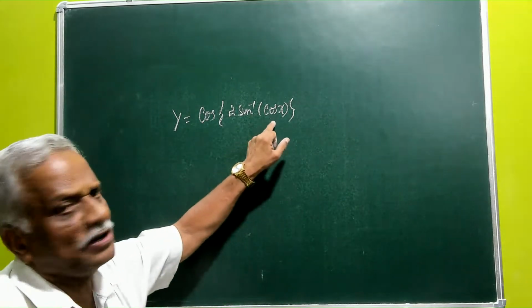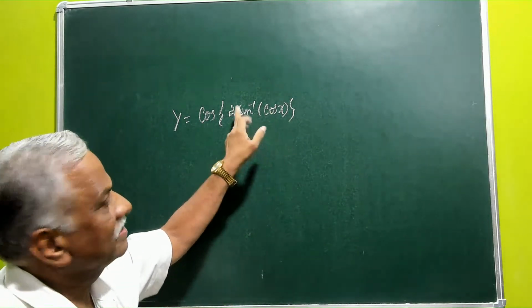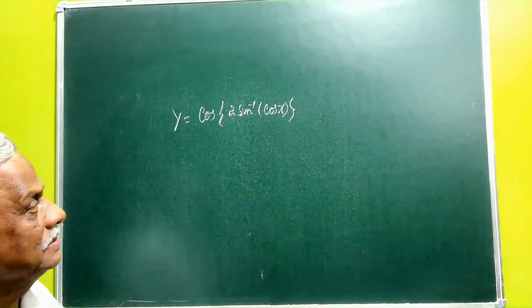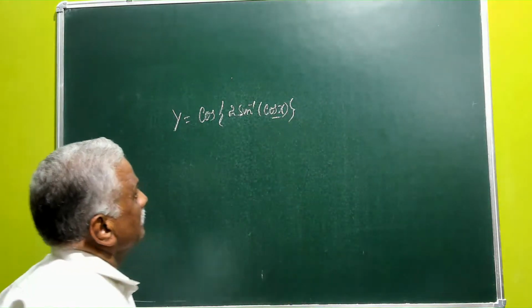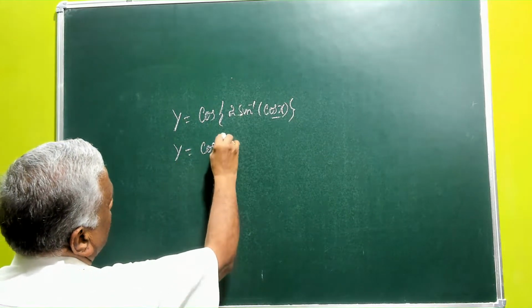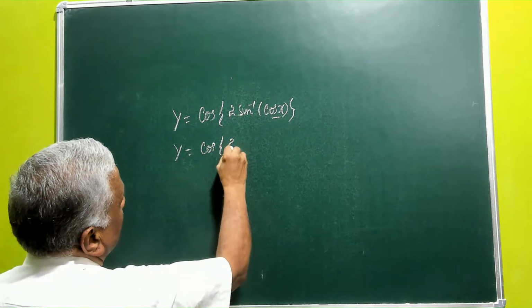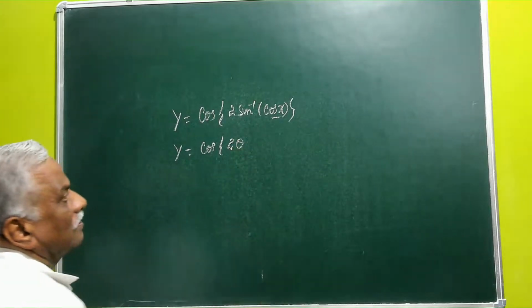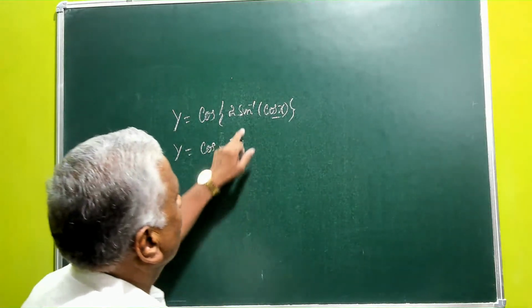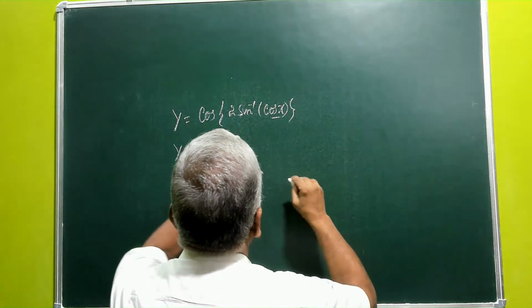The first thing is, if you had sin here, then sin inverse of sin theta is going to be theta. You could have worked it out fast. So first you should remove this cos. How should you get that idea? How to remove that cos?